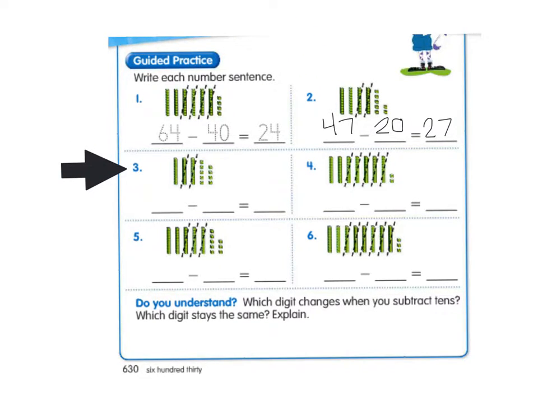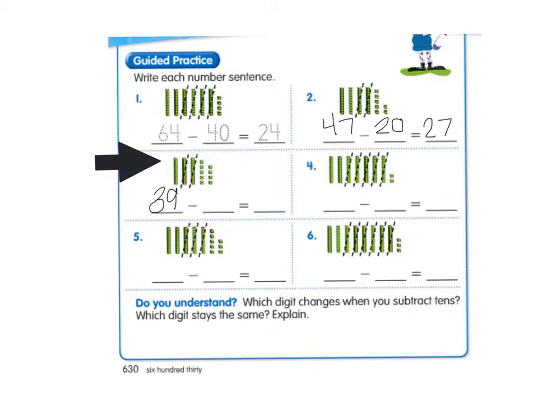Okay. Number 3, same thing. Step 1, count all your tens together. Okay. 10, 20, 30, 31, 32, 33, 34, 35, 36, 37, 38, 39. Okay, write it on the line in your first space. Now I see they've crossed out 2 tens.